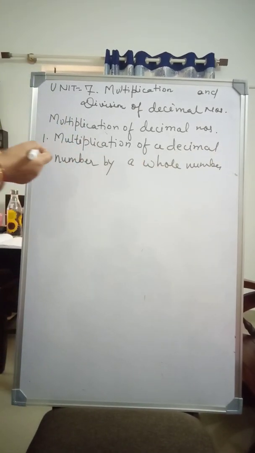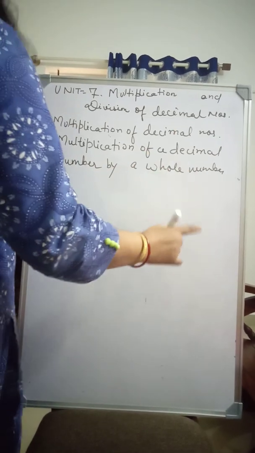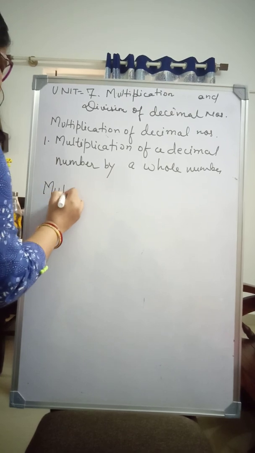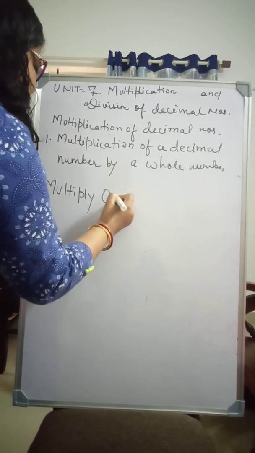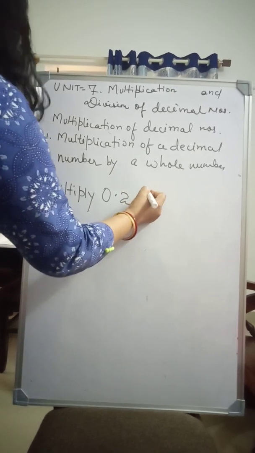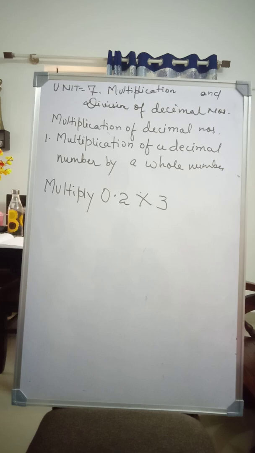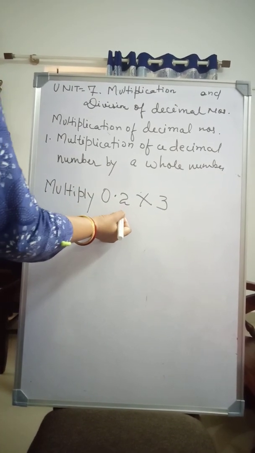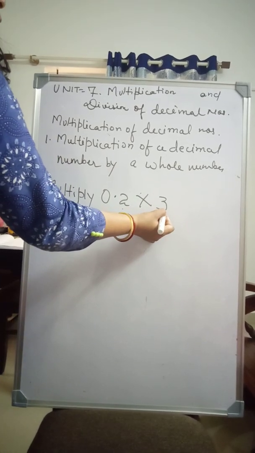How will we do multiplication of a decimal number by a whole number? So let us take an example. Multiply 0.2 by 3.